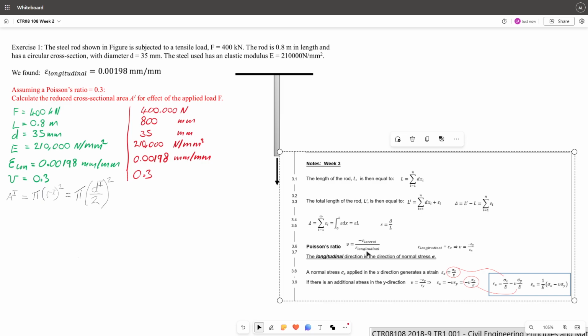Just try and work it out yourself. Look at your notes as well. That doesn't work.